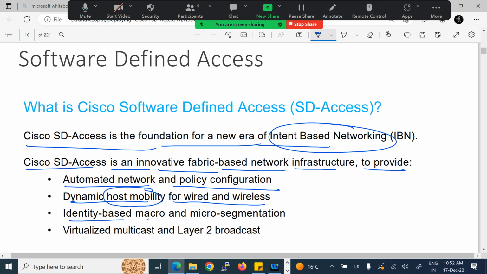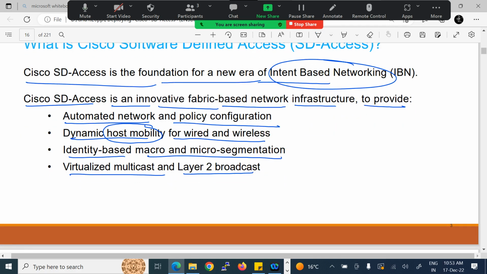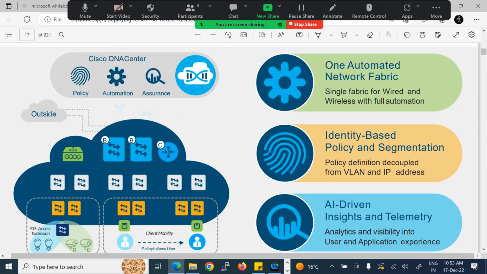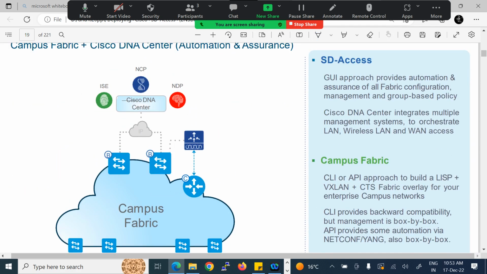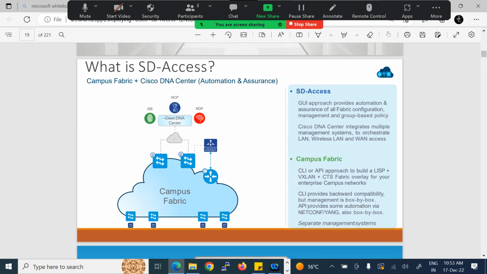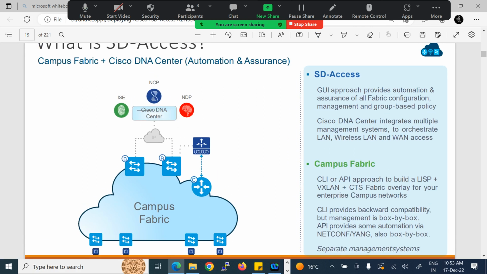Then identity-based macro and micro segmentation. What is segmentation? What is micro and macro segmentation? Then we have virtualized multicast and layer 2 broadcasts. Along with time we will discuss. Basically, if I talk about the architecture, here it is. This is known as campus fabric.